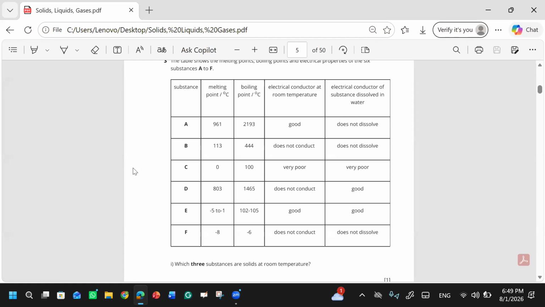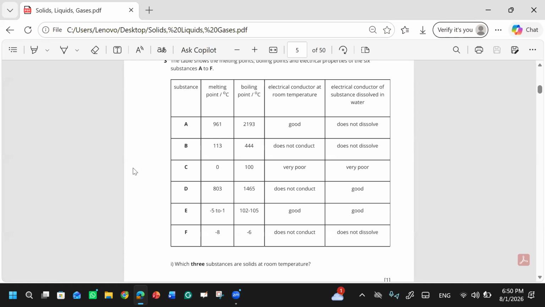Because the melting points are above room temperature. Let's talk about substance A first, one by one. Why is it solid? Because the melting and boiling points are above room temperature.